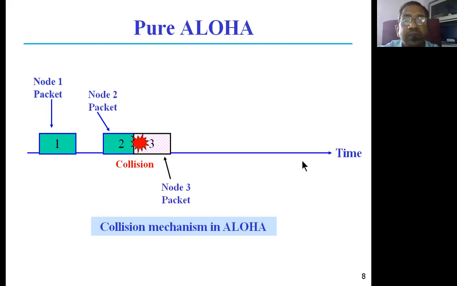Now this is the path. Say a collision takes place between the node 3 packet and the packet coming from node 1.